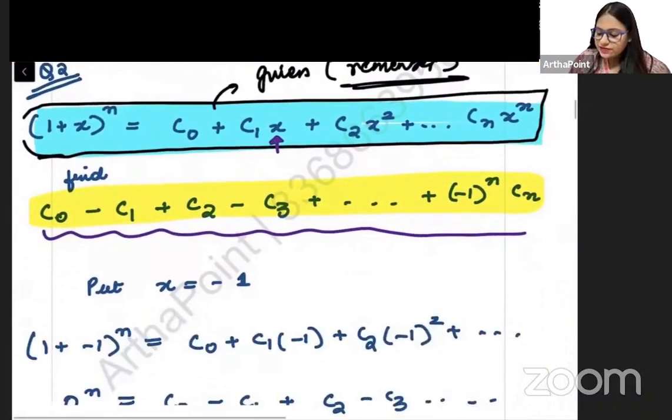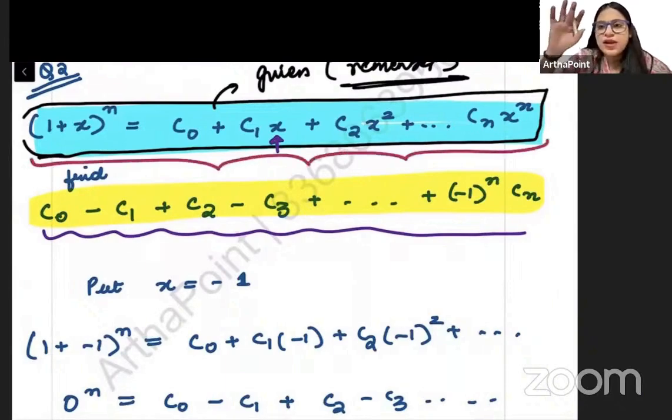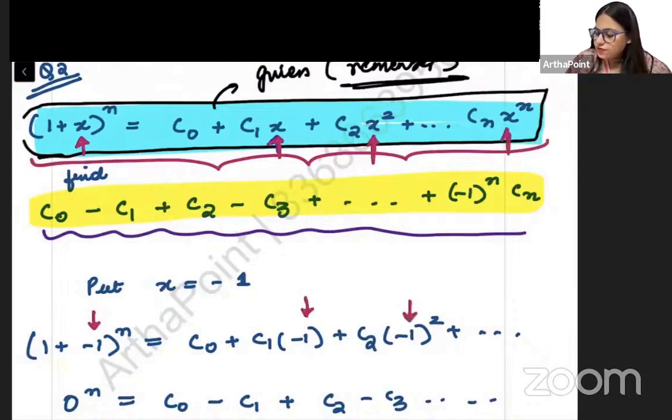In this equation, I have plugged in x as minus 1. Everywhere instead of x, I have written minus 1.